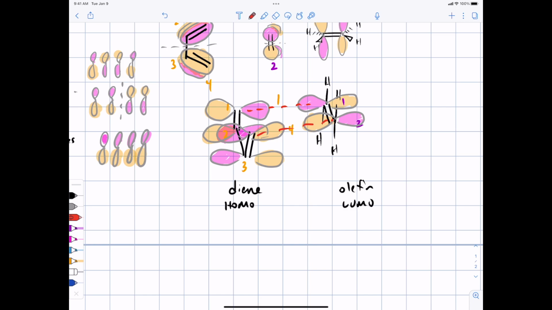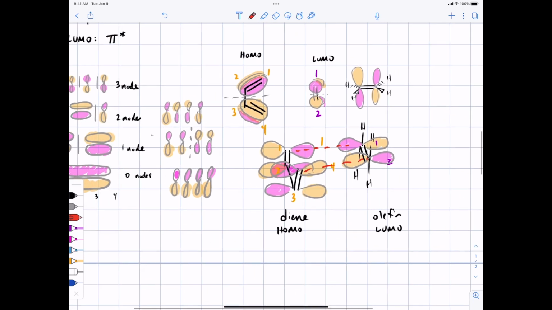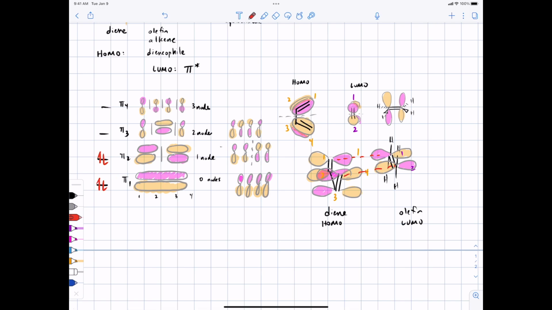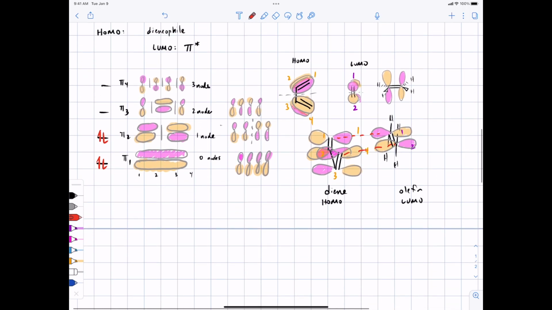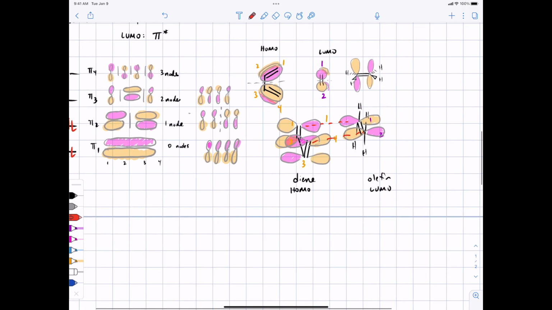All right? Now, I told you that it actually didn't matter whether you thought of this reaction as diene being the nucleophile and olefin being the electrophile. Let's just, real quick, take the situation and reverse it.